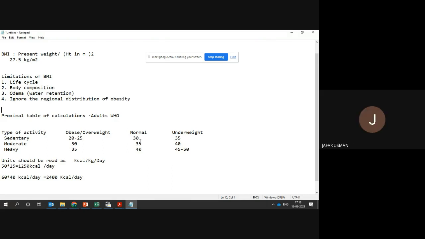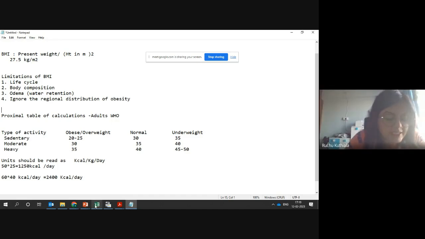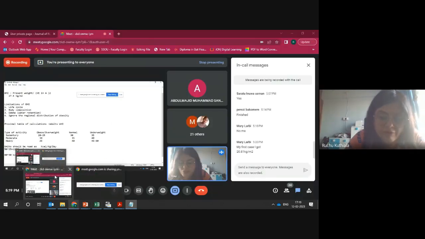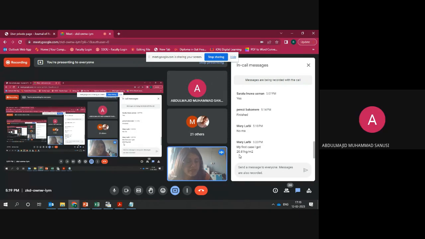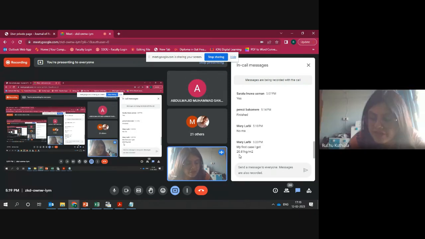Correct. So, Mari, I just request you, could you tell the weight also of your person whose BMI is 20.81? Could you tell the ideal body weight of that person? They are under a normal category, but what is their weight?